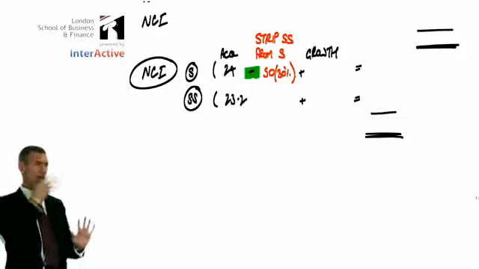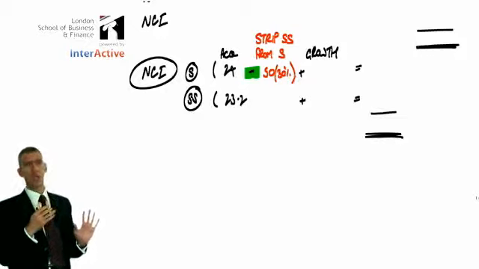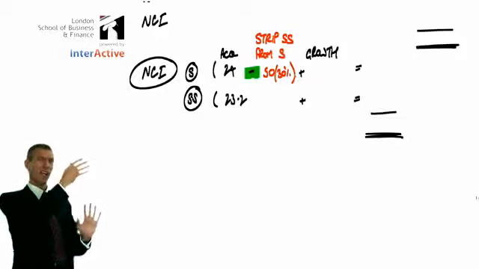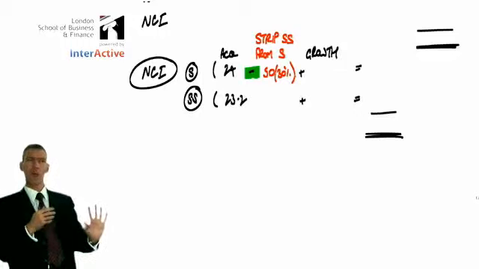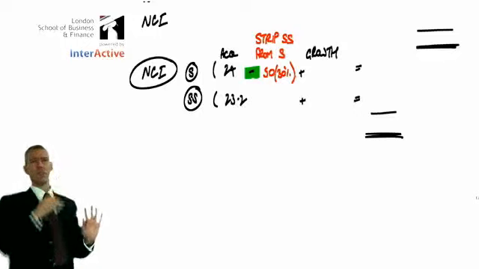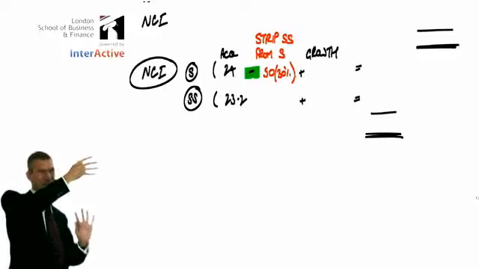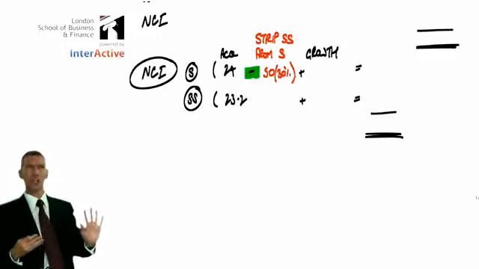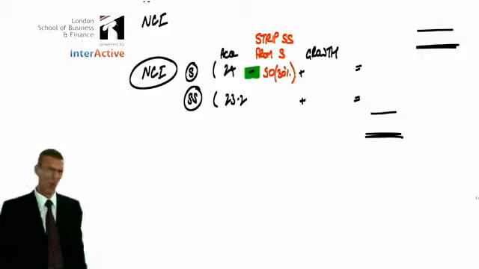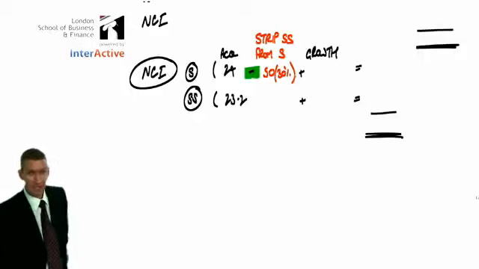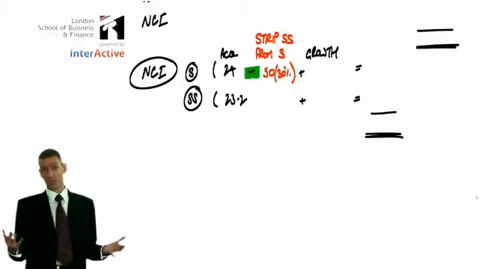But the thing is about S is not only an entity in its own right, it is also a parent of a subsidiary. So anytime you do S, you're inevitably doing S and SS. So in order to get pure S, you've got to strip out SS. And that's what you have to do.